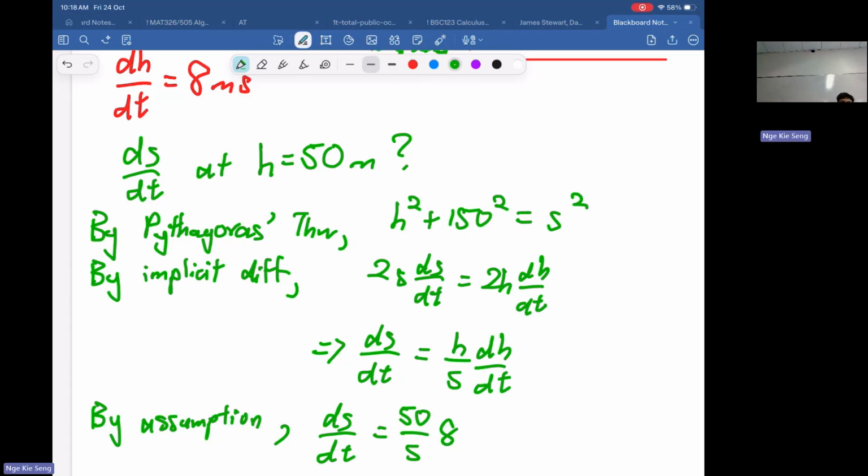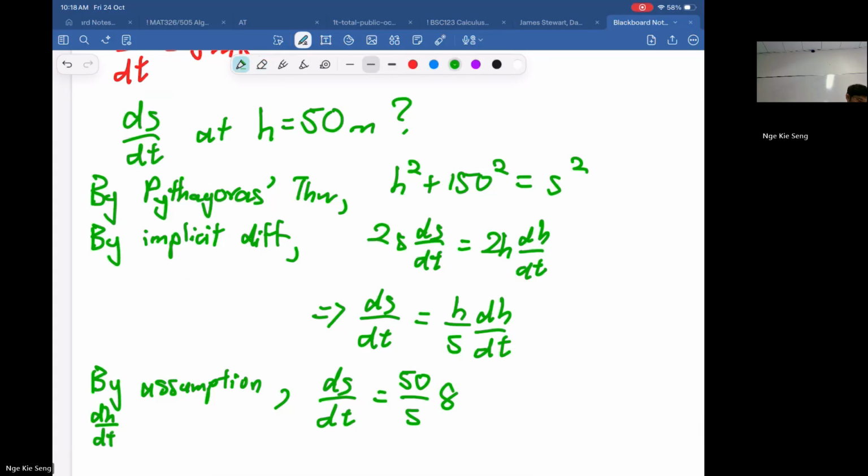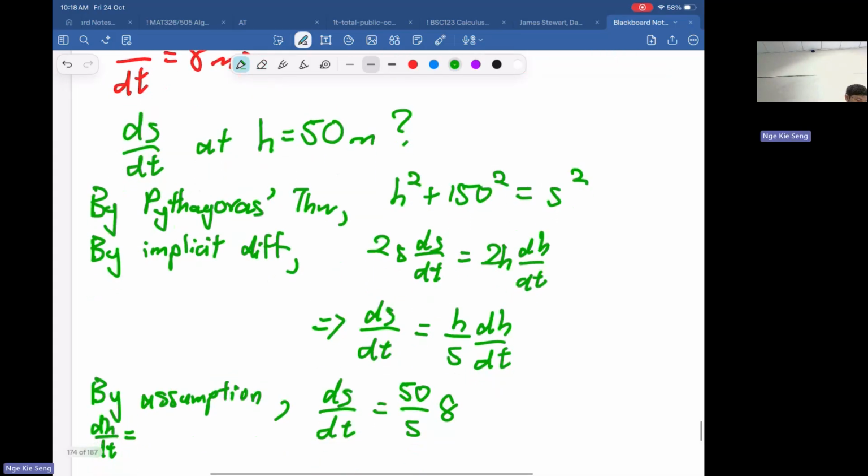But then, do you know what s is here? At the 50 meter height, what happened to your s? dh dt is always 8, and h is 50.